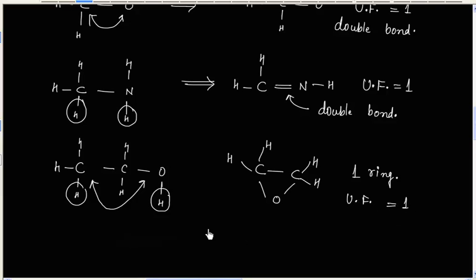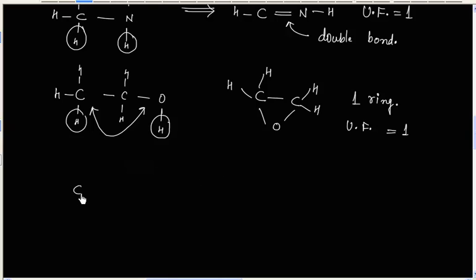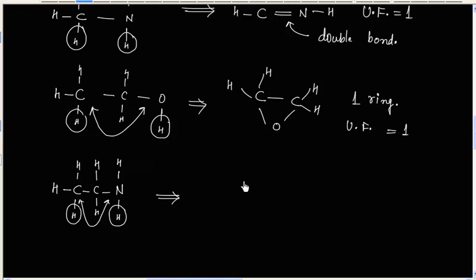We can have a ring that contains nitrogen. For example, let us say we have one more carbon in the middle, and now we can remove this hydrogen and this hydrogen, and we can connect carbon and nitrogen, and then we form a three-membered ring.